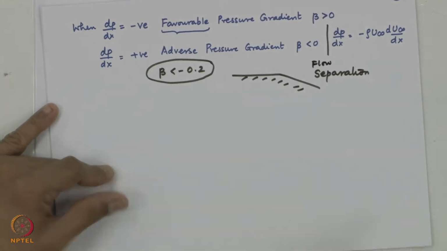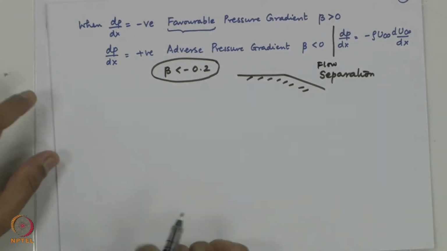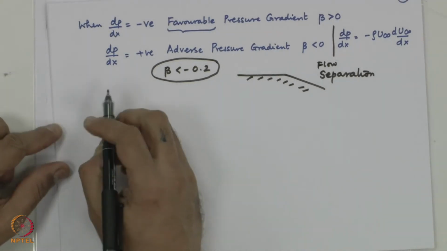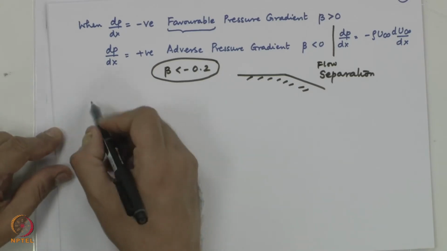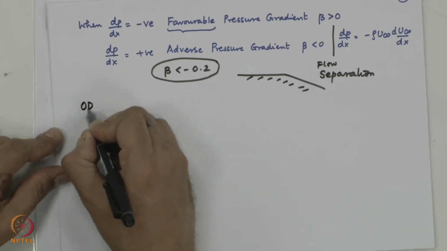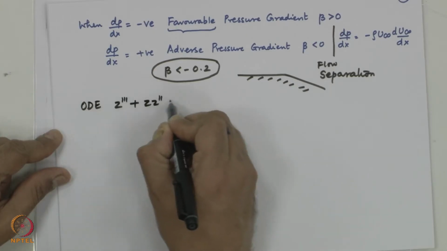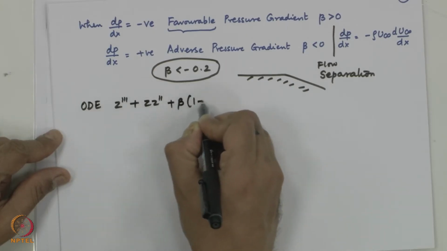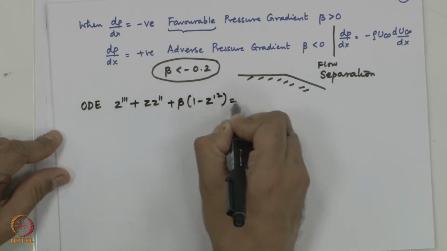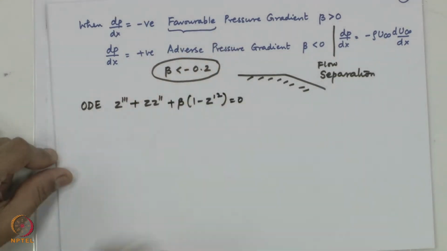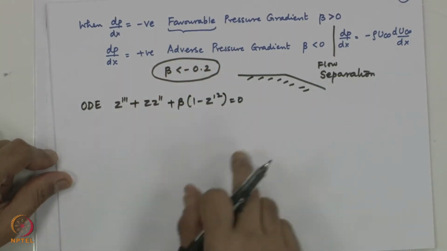Why I am telling you all this, though we had a general differential equation: we got an ODE, z triple prime plus zz double prime plus beta into 1 minus z prime squared equal to 0. The f equation was transformed to the z equation, and vice versa.